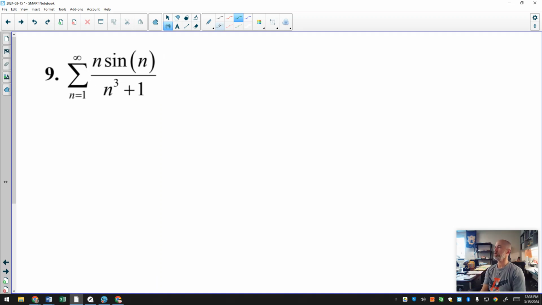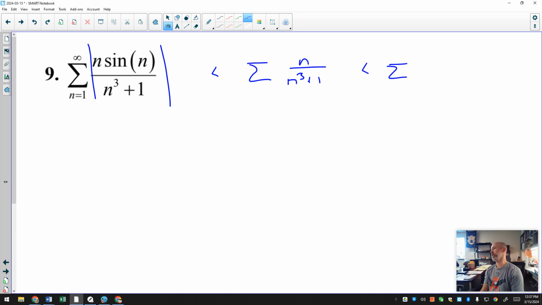9 I said was a nice one. Why is 9 a nice one? Because sine of n is always going to be between -1 and 1. We can trap that. So if you absolutely value this, I know that this is going to be less than the series of n times 1 over n cubed plus 1. And that series is less than the series of n over n cubed, which is the same as 1 over n squared.